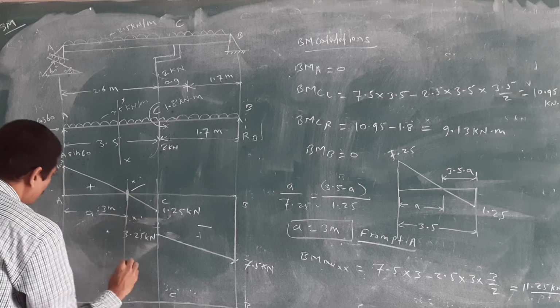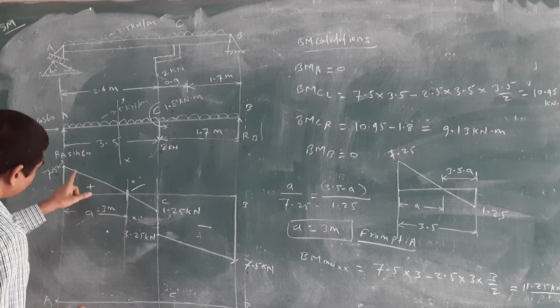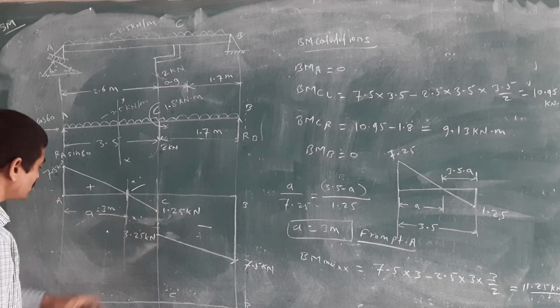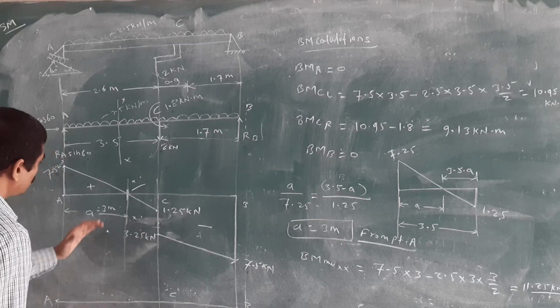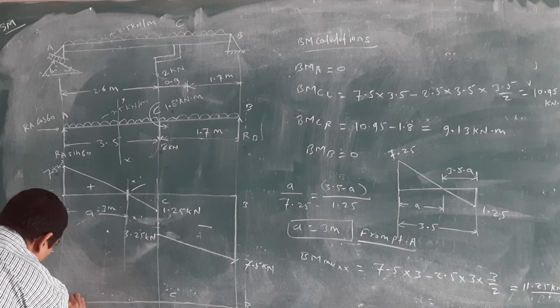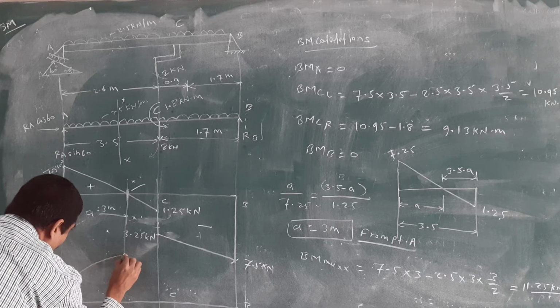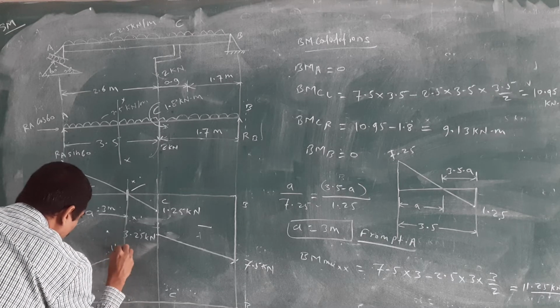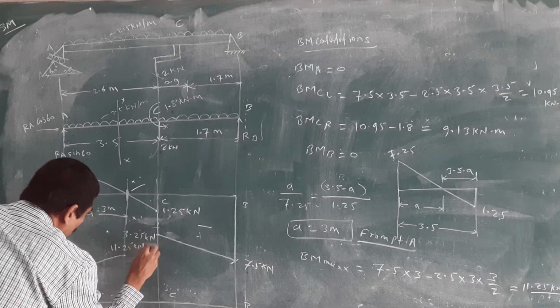kilonewton meter. See, if you have drawn the inclined line in the SSB, then you have to draw the parabolic curve. Okay, second degree parabolic curve. And after that, you will get the 11.25 kilonewton meter.